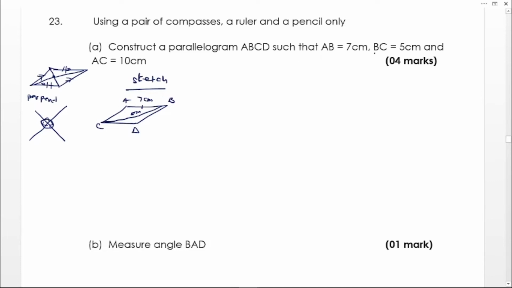Then again from there we have BC. BC is this one, and they are telling us that SC, where is SC? SC is this side here. Now this side here is going to be 10 centimeters. Okay, so this is our parallelogram.